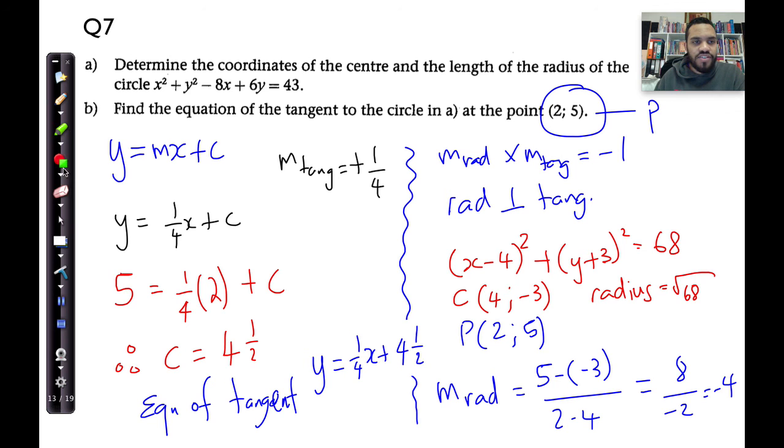And that's the equation of my tangent. Okay, and there we go. And that's how you find the equation of the tangent line.